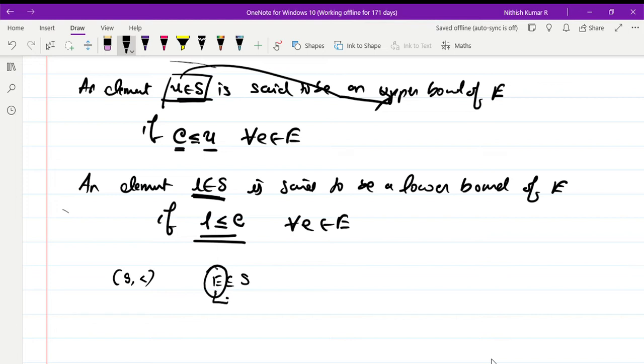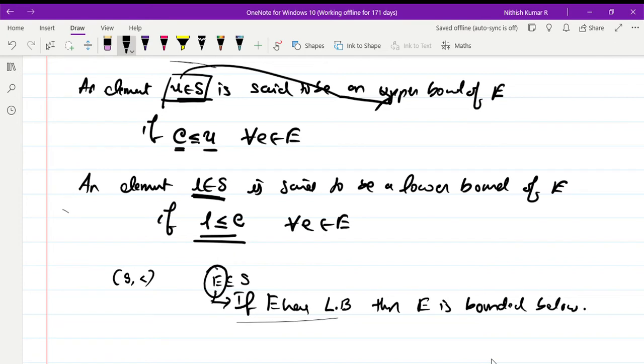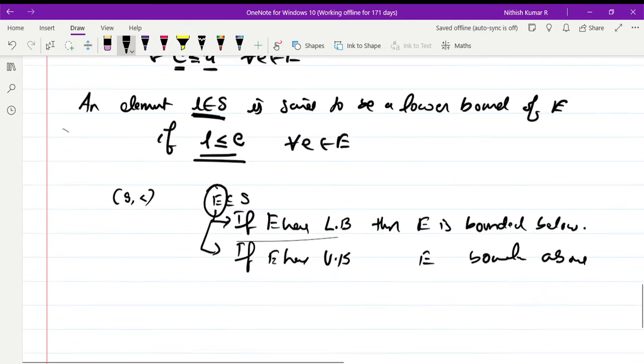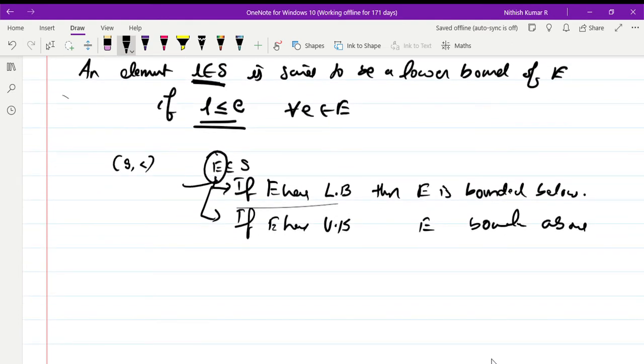If E has an upper bound, then E is bounded above. If E has both an upper bound as well as a lower bound, then we call E bounded.